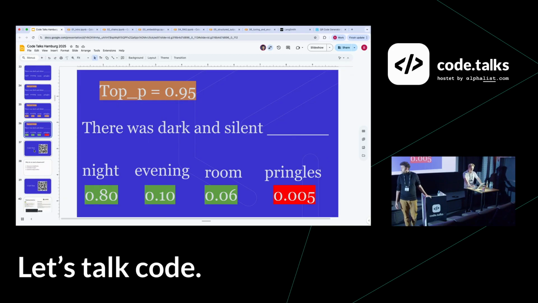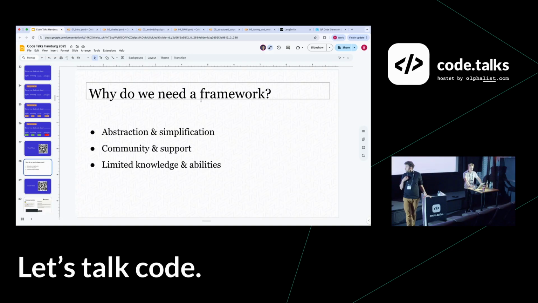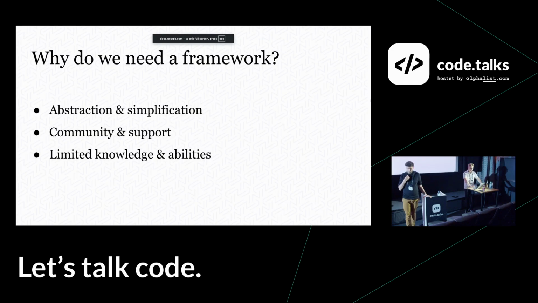Okay, and here, before we jump to the next notebook, we want to pause for a while and ask this question: why do we need a framework? I showed you that there are some tricky bits about the format, the output of the model.